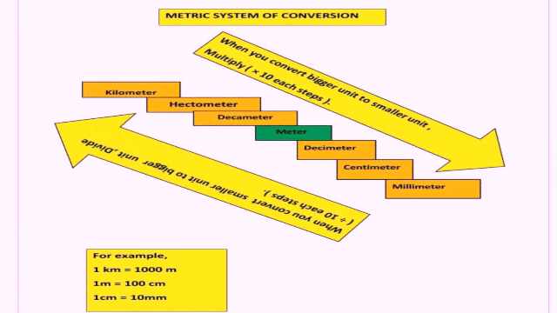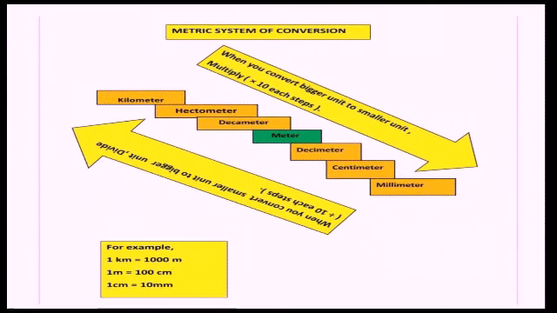So, when you want to move from a bigger unit, kilometer, to a smaller unit, millimeter, you have to multiply. See the arrow sign. When you want to convert any bigger unit to a smaller unit, you have to multiply by 10 for each step.